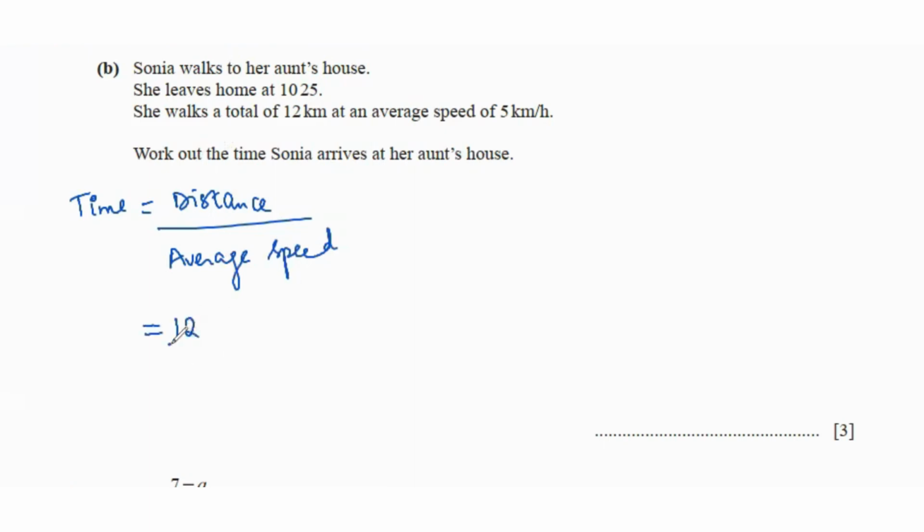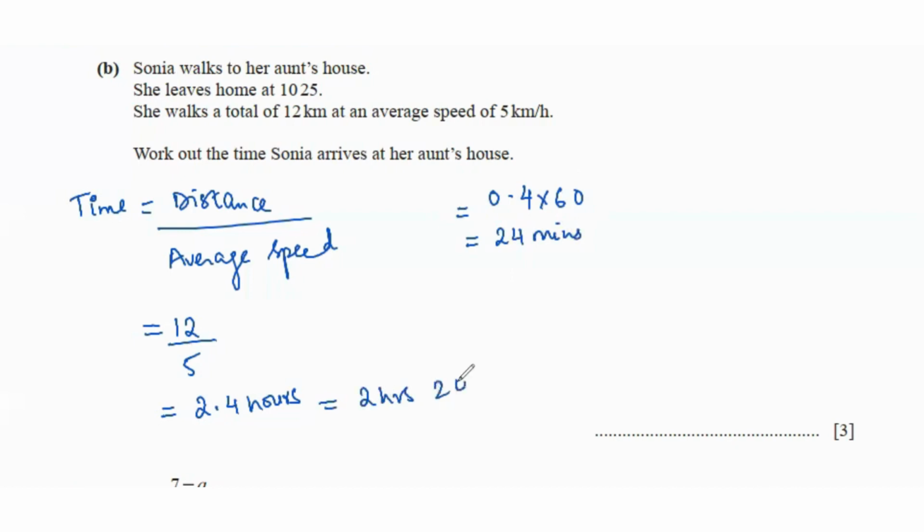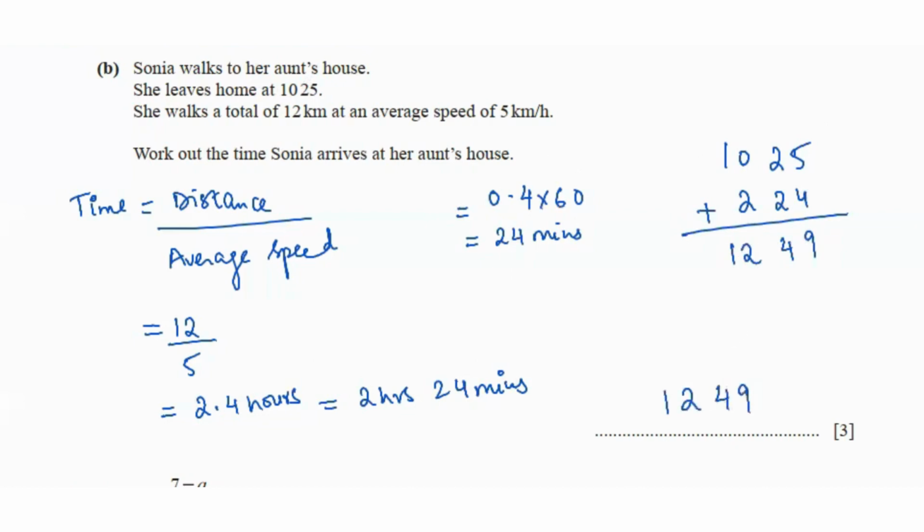So that's 12 over 5, and that's equal to 2.4 hours. If you multiply 0.4 by 60, that's 24 minutes, which means 2 hours and 24 minutes. Now we need to add 2 hours and 24 minutes to 10:25 to find the arrival time. So that is 12:49. That is your answer.